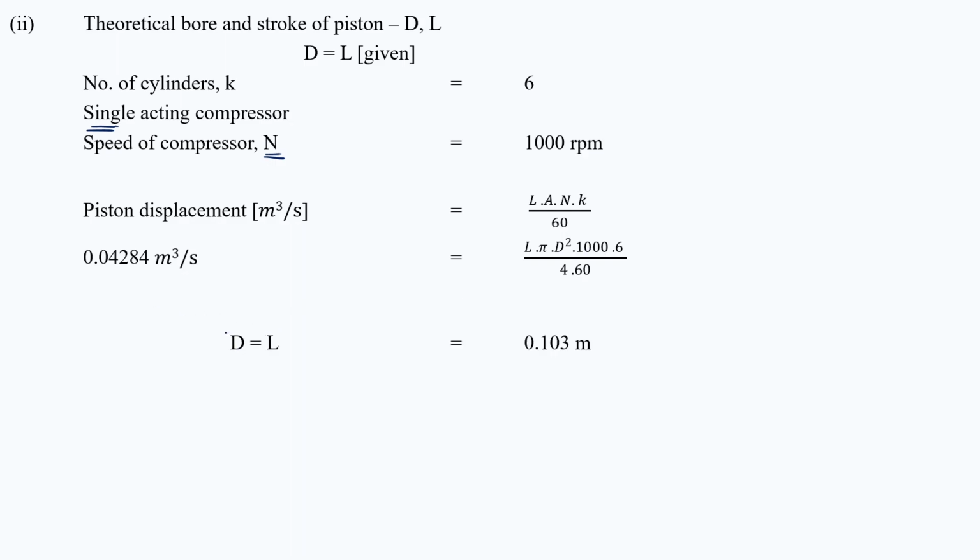By substituting d is equal to L, we get a cubic equation in terms of L or d, and by solving for this cube root, we get the diameter or the length of the cylinder as 0.103 meters, or 103 mm.